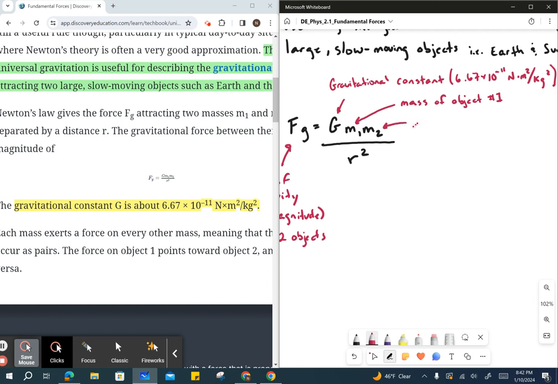And here would be the mass of object two, maybe that would be the Earth, right? Now, R actually represents the distance, and you're going to square it. The distance squared, a mathematical term there, right?